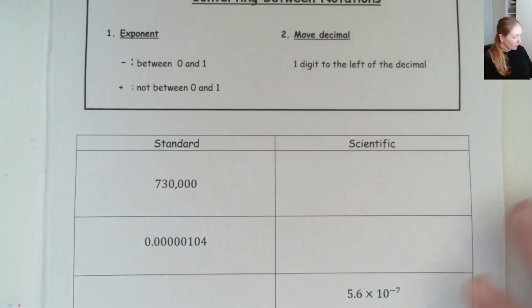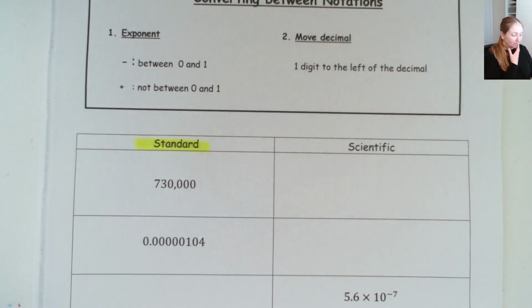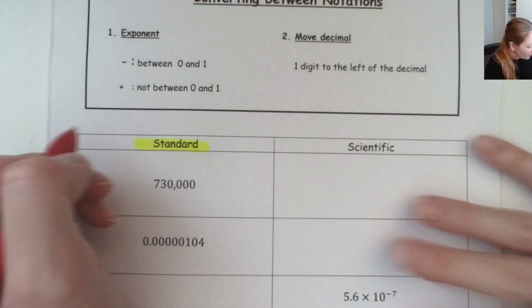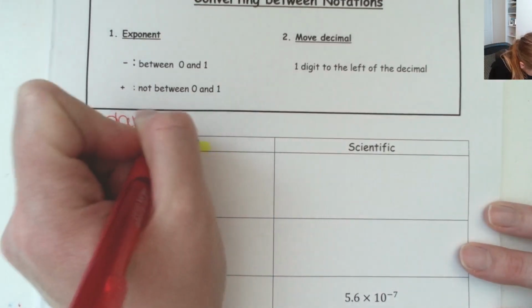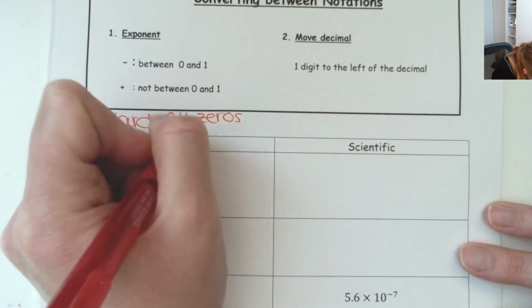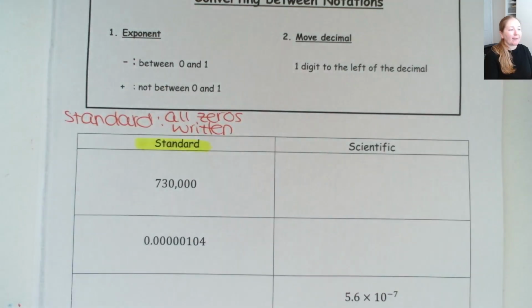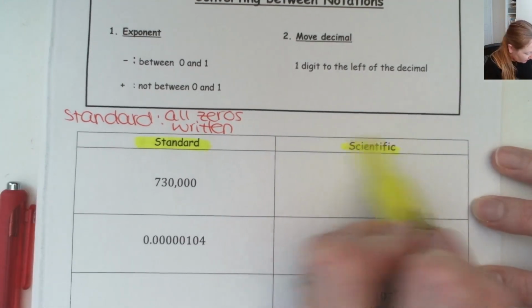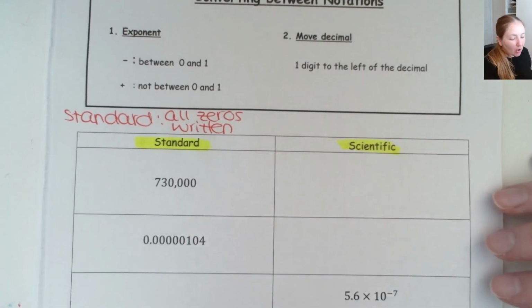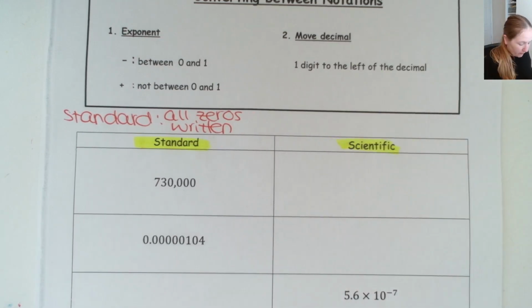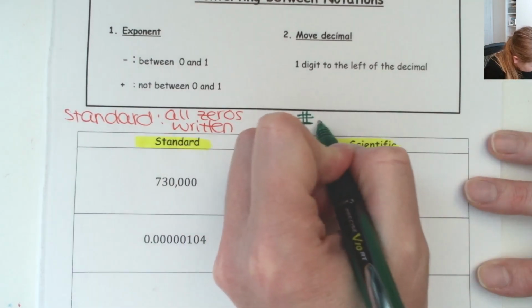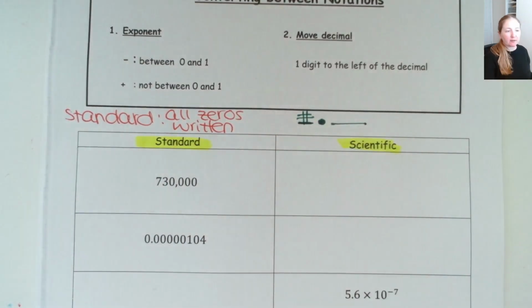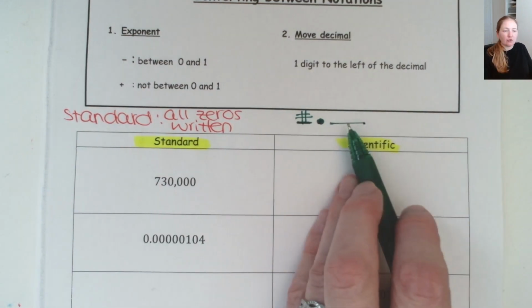So remember, first of all, that standard notation is the notation with all the zeros. So standard is all zeros written. It's kind of a pain to deal with, with the 'how many zeros do I have' type of thing. For scientific notation, we are going to have a format of one single non-zero digit, then a decimal point, and then all of the trailing numbers.